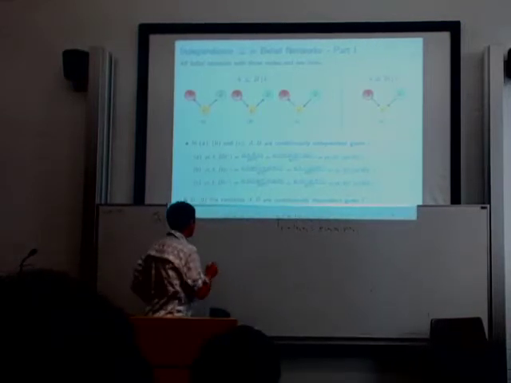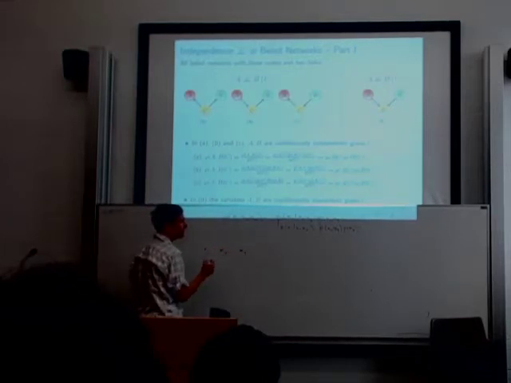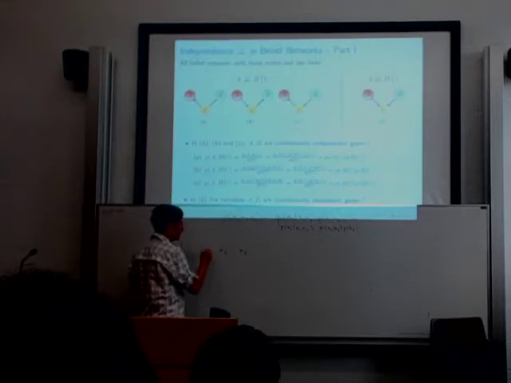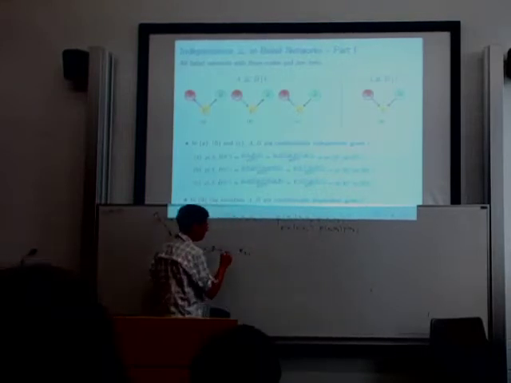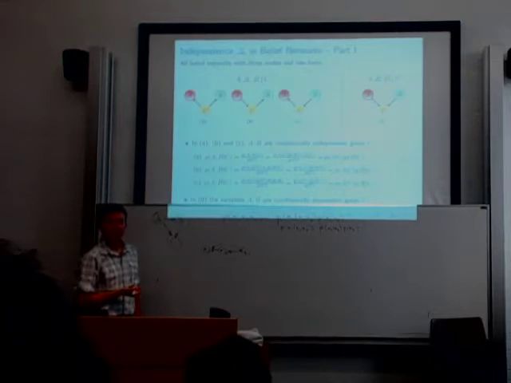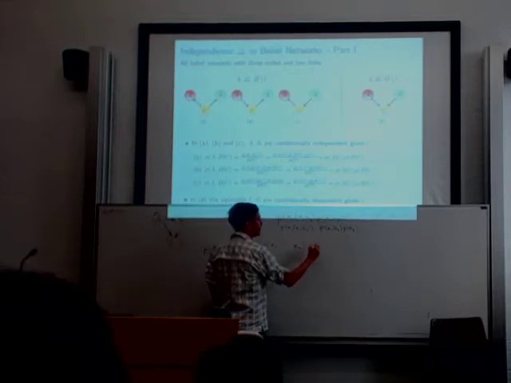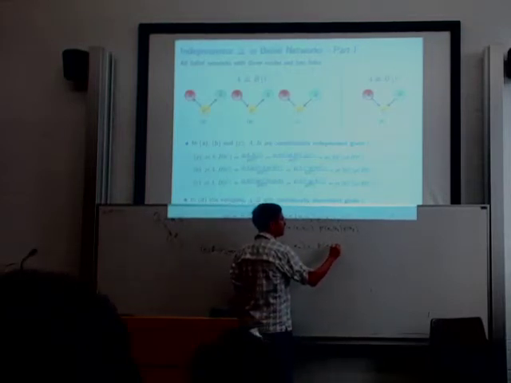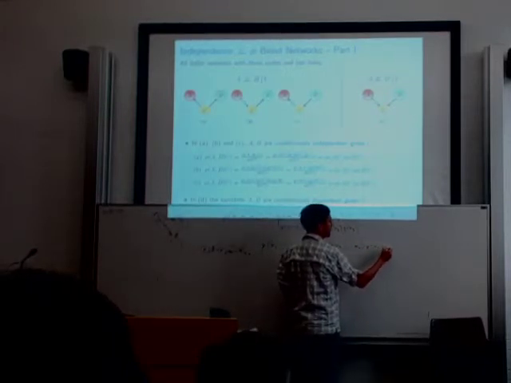If you were to write this as a graph, x1, x2, x3 as a belief network, this would be p of x1 given x2 and x3, times p of x2 given x3, times p of x3. I think it's fairly intuitive that if you were to extend this to n variables, you could write the first one as p of x1 given x2 to xn, times p of x2 to xn.